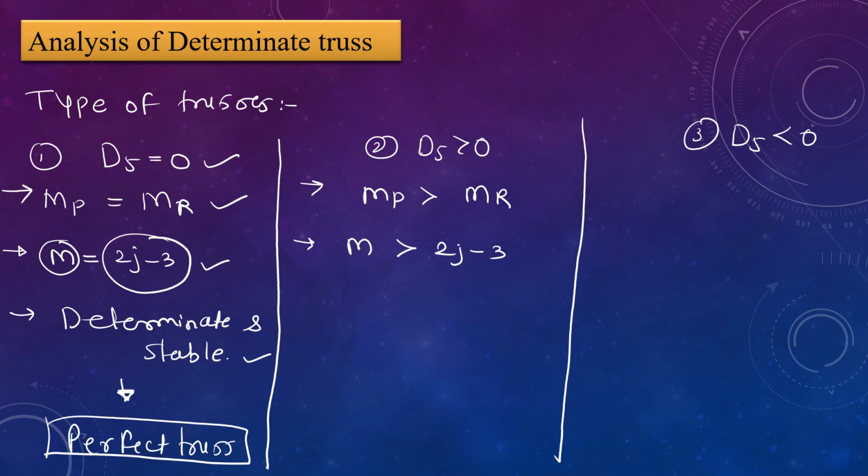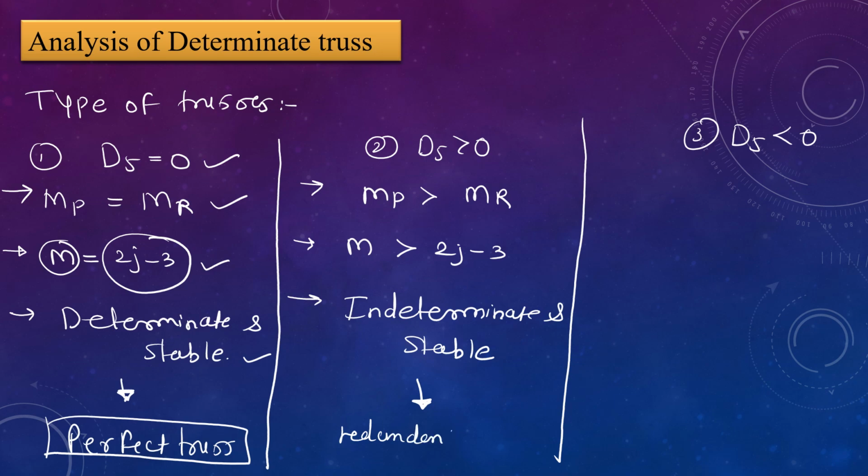If this condition happens, then that structure is indeterminate and stable. If this condition follows, then that truss is a redundant truss, or this truss is also known as an over stiff truss.